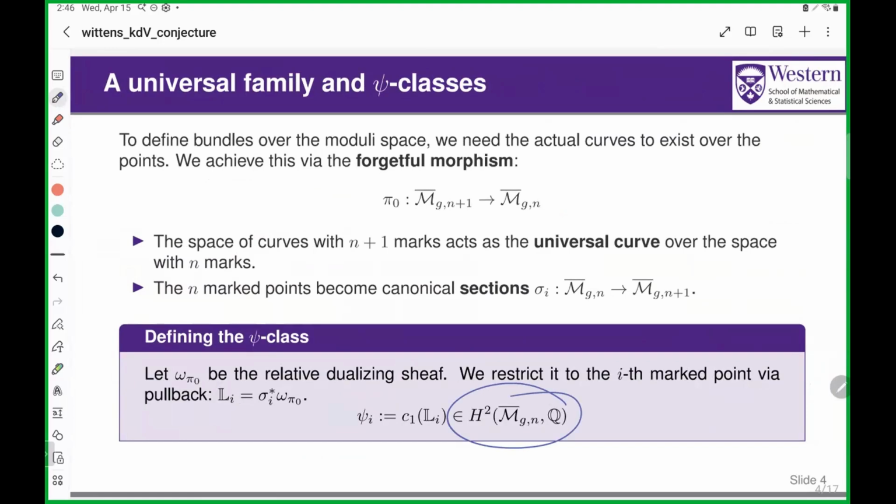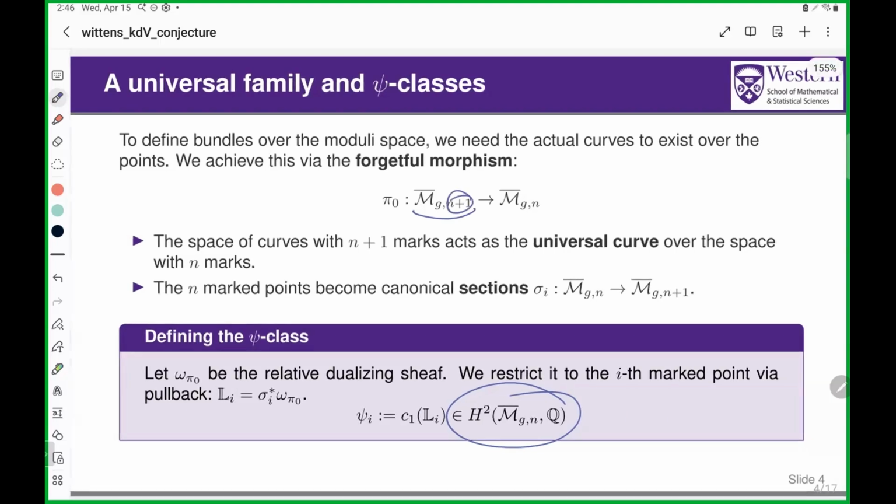But to define them, we need something of a total space. What's going to fit the bill is this larger moduli space. It's again marked curves, same genus, but you add an extra, almost artificial, marked point. So n plus 1 marked points. If you have p1 down to pn marked points, you're going to add an extra one at the beginning.